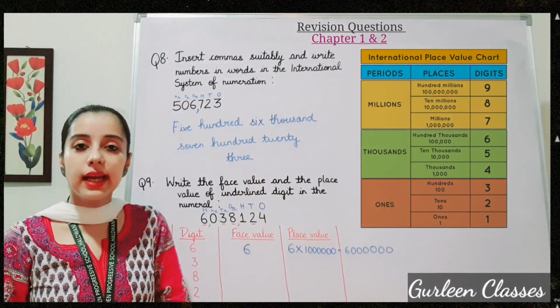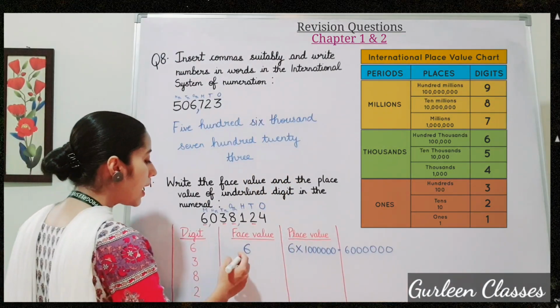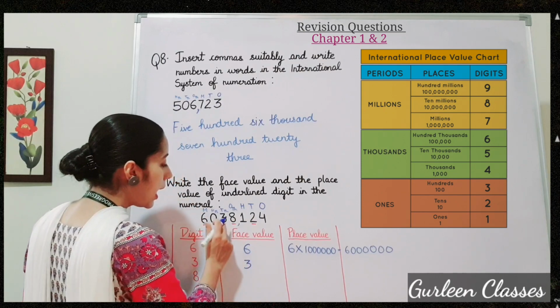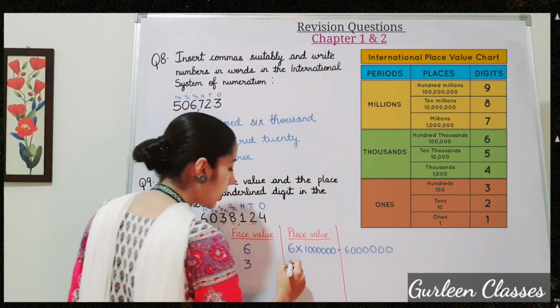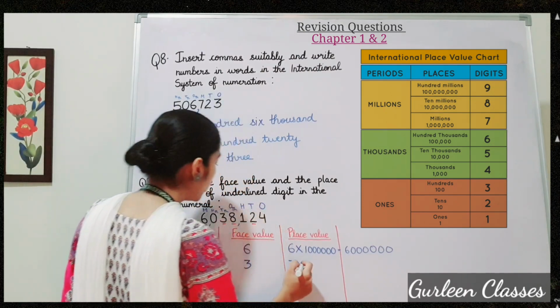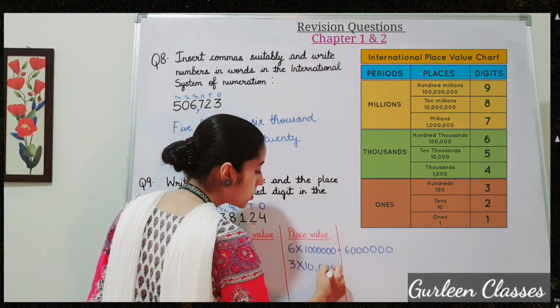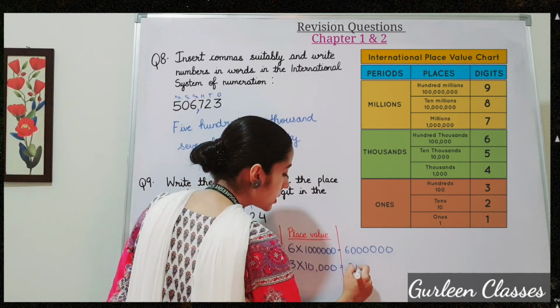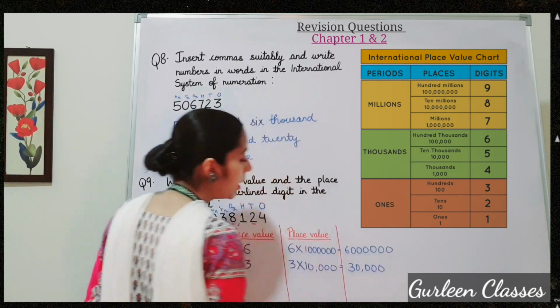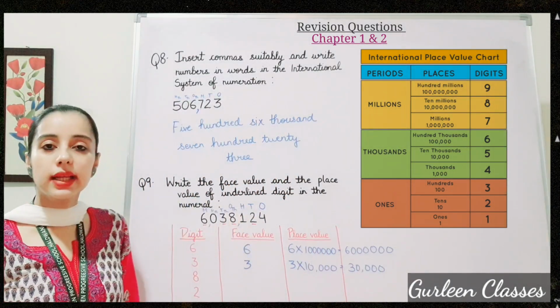Next underlined digit is 3. The face value of 3 is 3, and the place is 10,000. So 3 into 10,000, the answer is 30,000. The place value of 3 is 30,000.